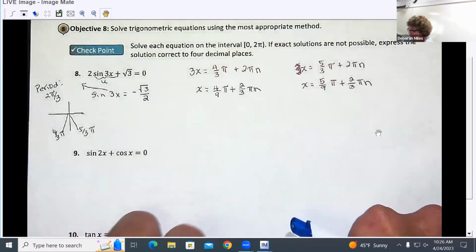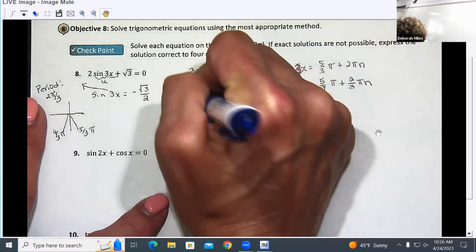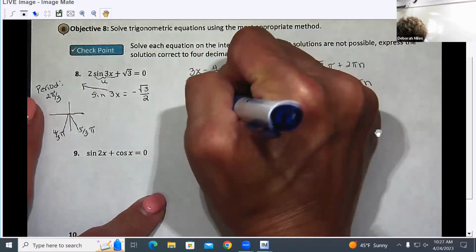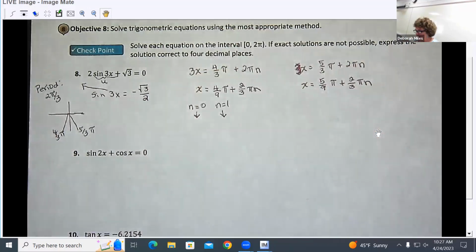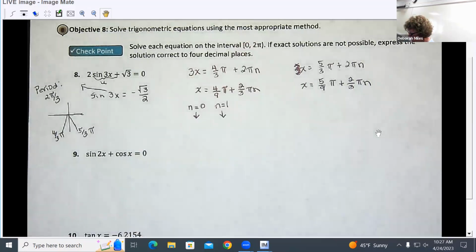So I'm going to let n be 0 and see what solution that gives me, and then let n be 1 and see what that solution gives me. And I'm going to keep doing that until I'm outside the bounds of 0 to 2 pi.